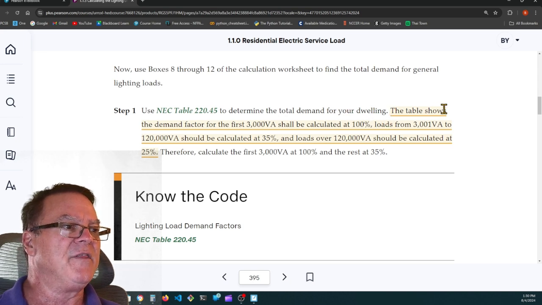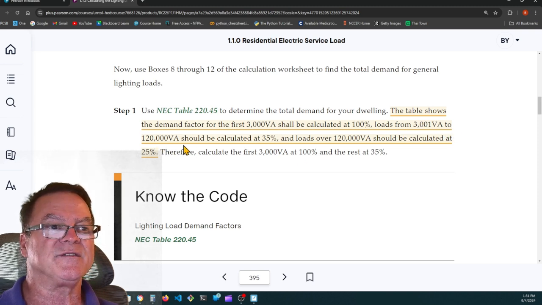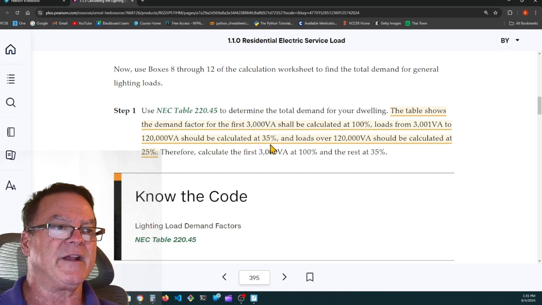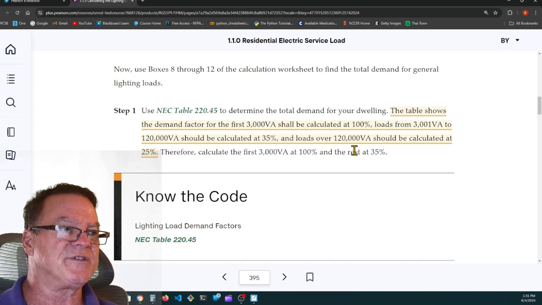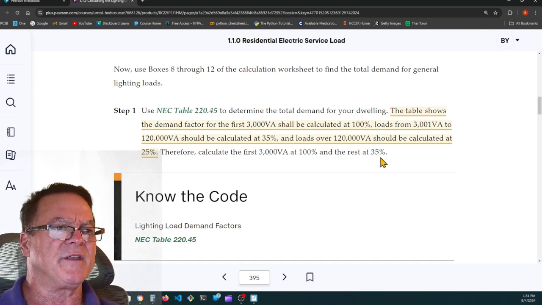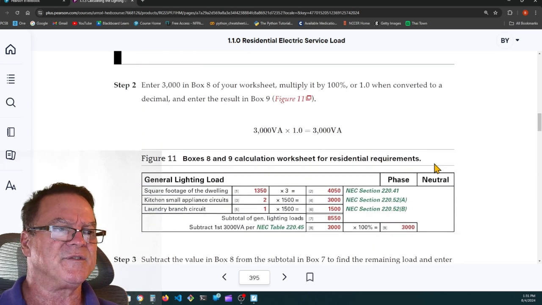Here's the highlight. The table shows the demand factor of the first 3,000 volt amps shall be calculated at 100%. Loads from 3,001 volt amps to 120,000 volt amps should be calculated at 35%, and loads over 120,000 volt amps should be calculated at 25%. Therefore, calculate the first 3,000 volt amps at 100%, and the rest, which I think was 5,550, at 35%.